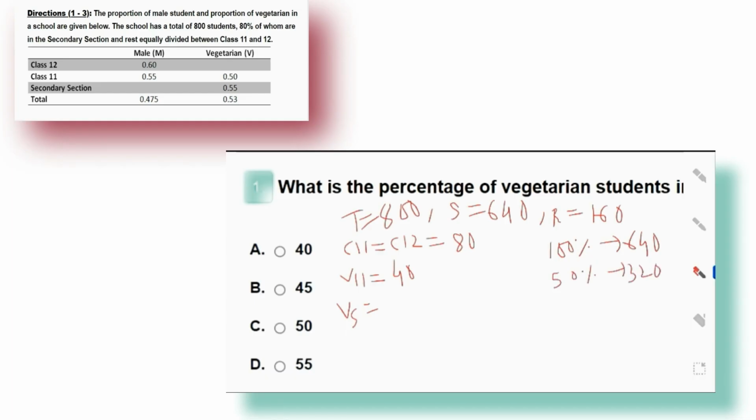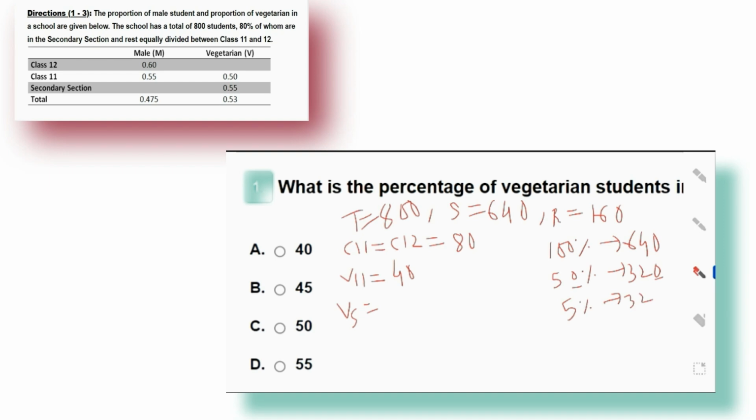Okay, so what is the 5% of 640? You have calculated the 50%, right? So you remove one zero from here, so that is 32. Okay, so how to calculate 55%?